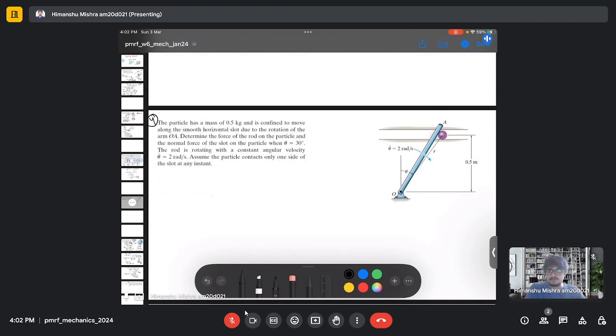Determine the force of the rod on the particle and the normal force of the slot on the particle when theta equals 30 degrees. The rod is rotating with the constant angular velocity theta dot, which is 2 rad per second. Assume the particle contacts only one side of the slot at any instant.